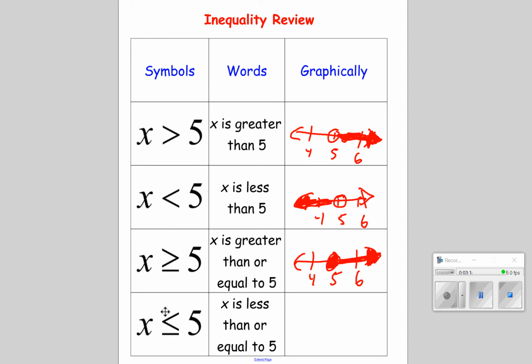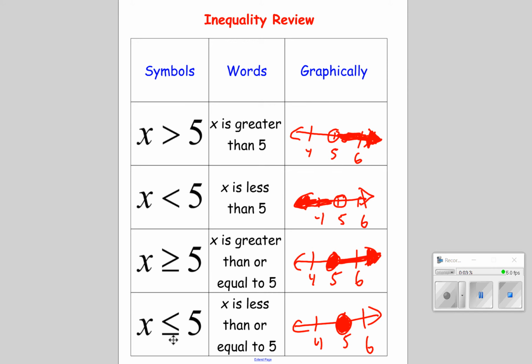All right. Let's try the next one. x is less than or equal to 5. Make a number line, 4, 5, and 6. We would put a shaded circle at 5 because 5 is part of the solution to this inequality. 5 is less than or equal to 5.